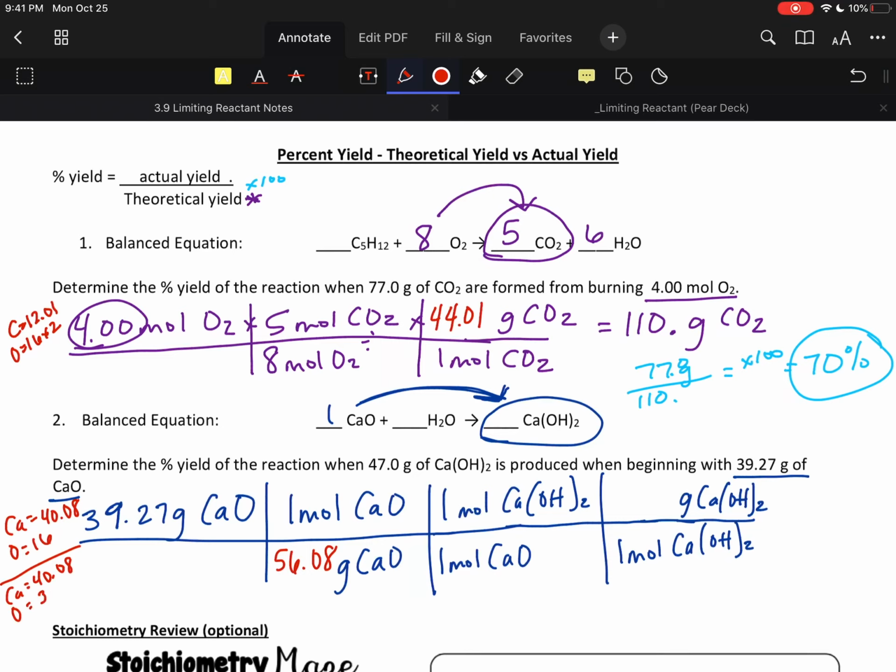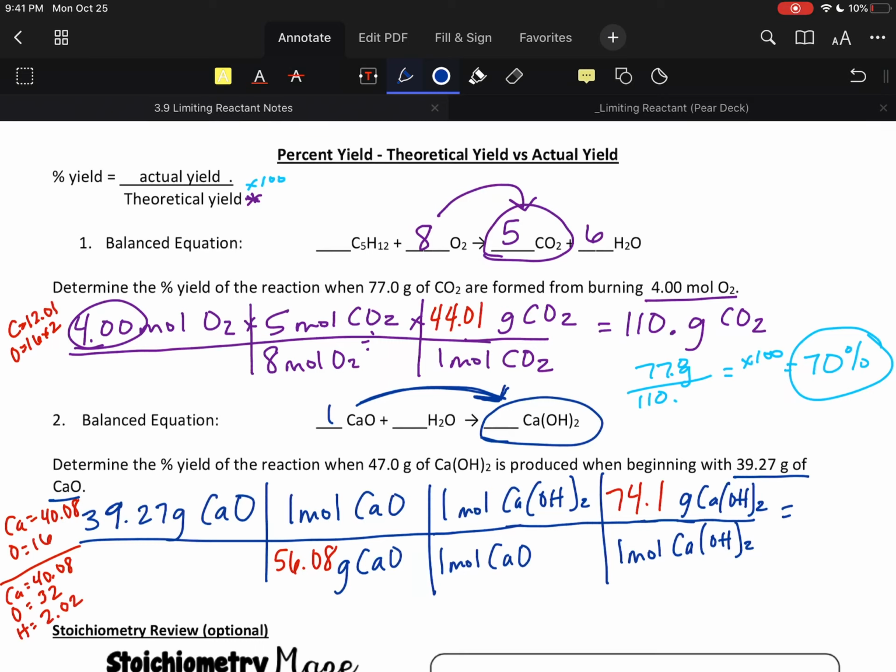Oxygen, there's 2 of them. 32. Hydrogens, there's 2 of them. So I can add those up. And I'm pretty sure it's 74, but we're going to use the calculator just so I don't do something wrong on the video. 74.1 grams. Okay, so that's my molar mass.